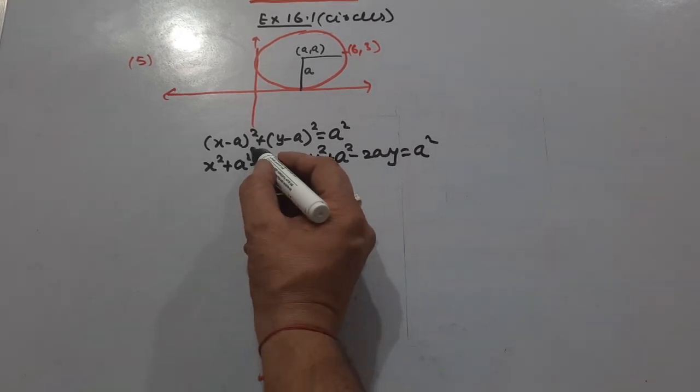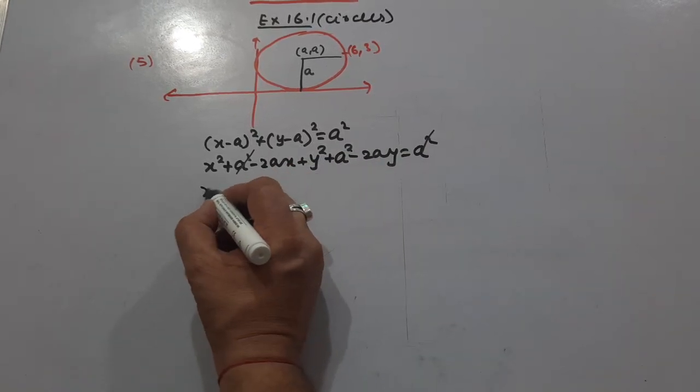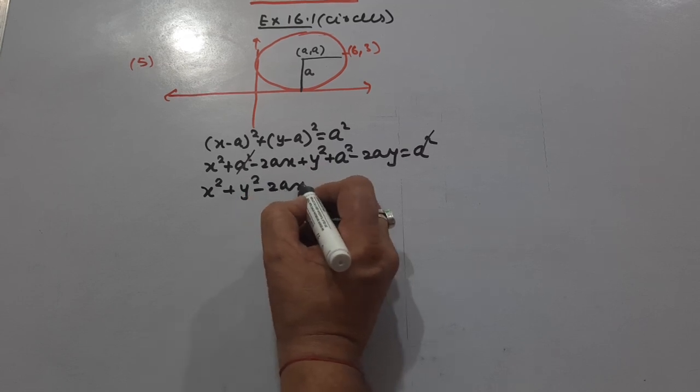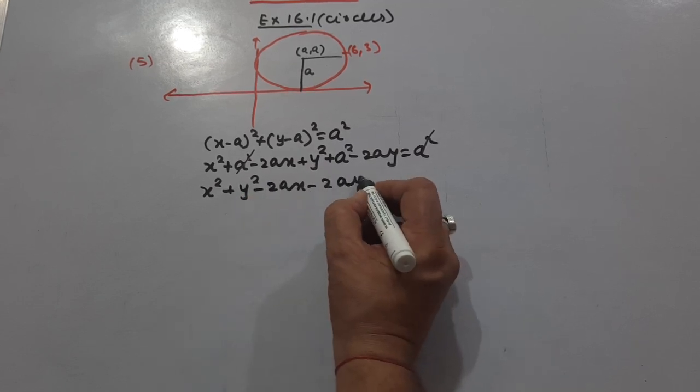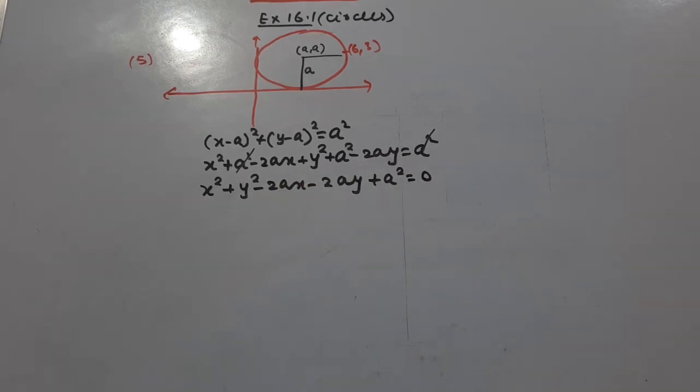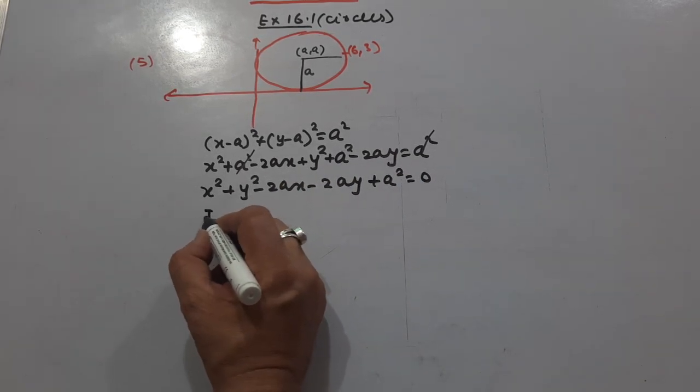Now cancelling a square with a square, we get x square plus y square minus 2ax minus 2ay plus a square equal to 0. Now it passes through (6, 3).